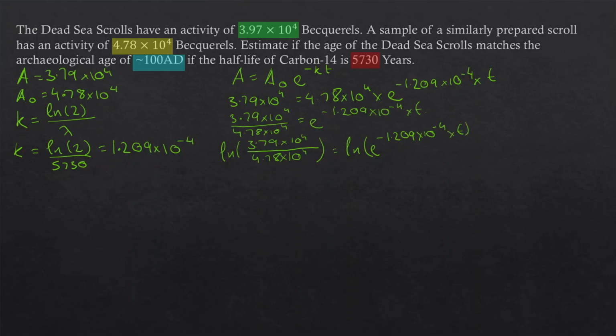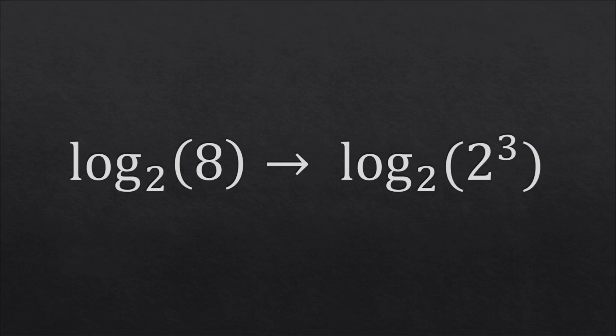Here is our first log law. When you have an argument inside of the log with an index, you can bring that out the front of the log and multiply it by the log. This is because if you have a log base 2 of 8, it can be simplified to log base 2 of 2 cubed.